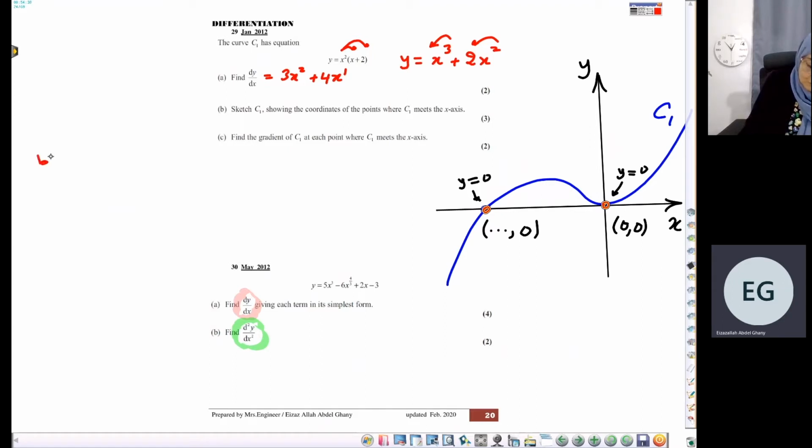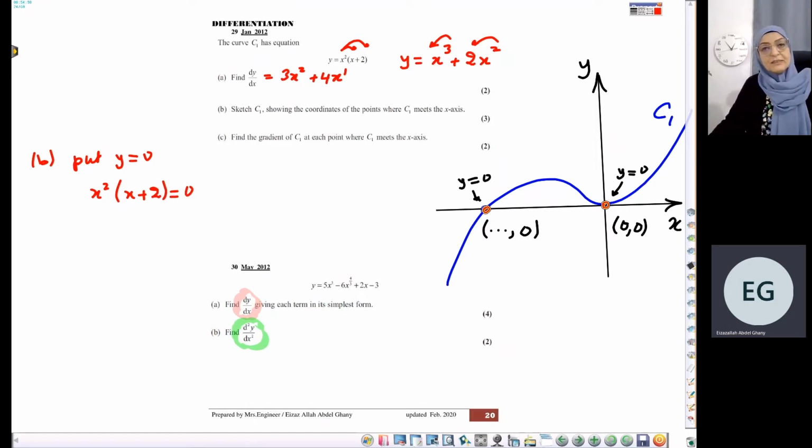So I'm speaking now about part B. Just put y equals 0. So it is x squared into x plus 2 equals 0. Oh, it's solving quadratic equations. No, it's a cubic equation. Anyways, zero equation, then factorization. Factor multiplied by factor equals 0.